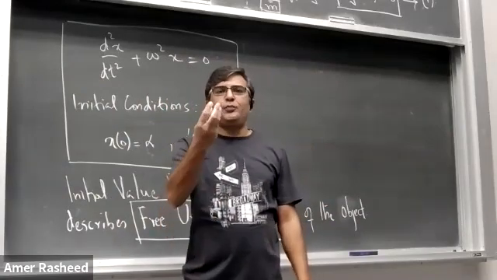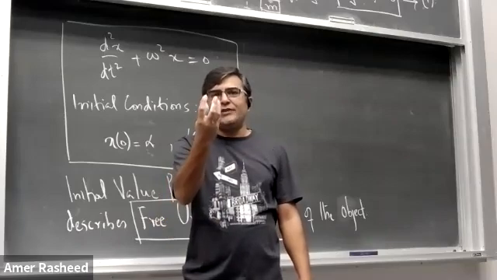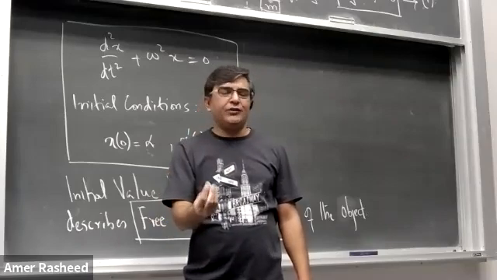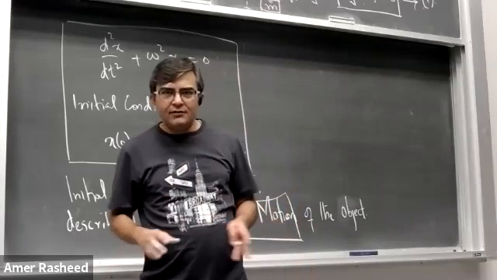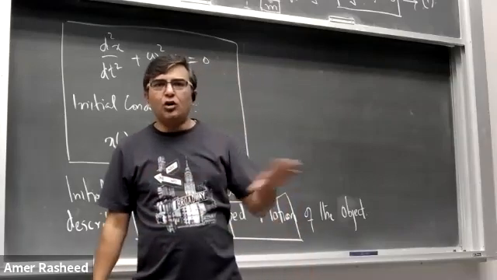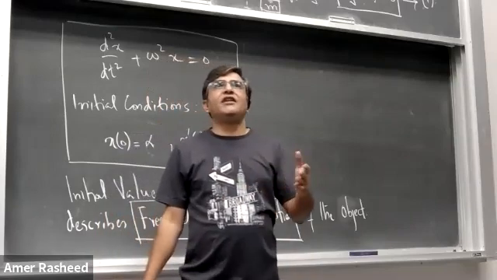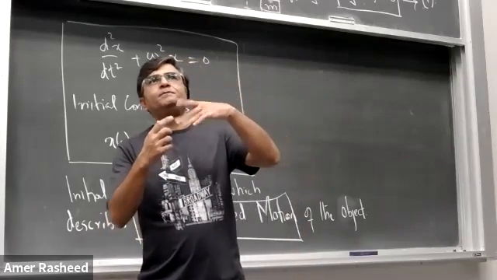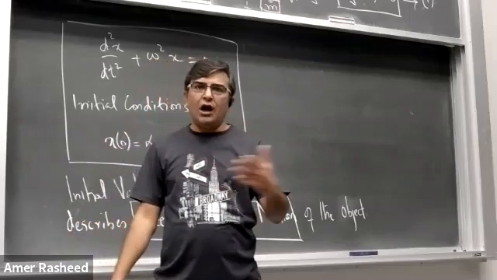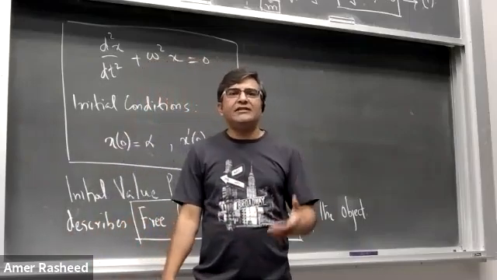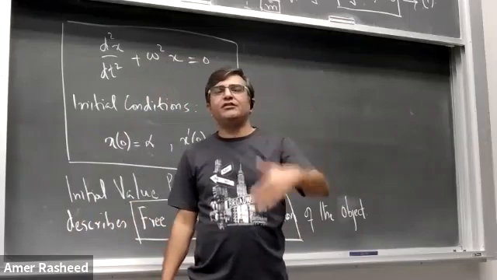If you pull that object downward one time and leave it, then this mass will oscillate forever. The motion will not be slowed down; the amplitude of oscillation will remain the same.